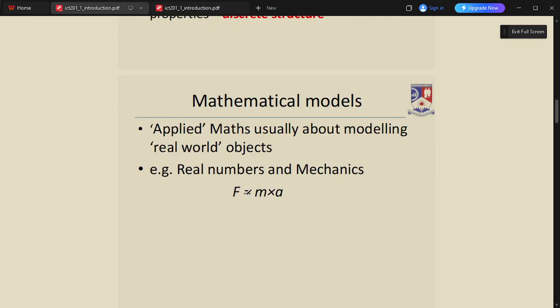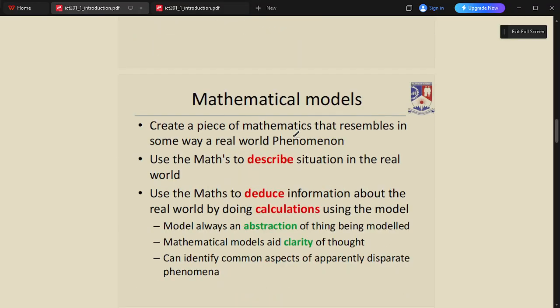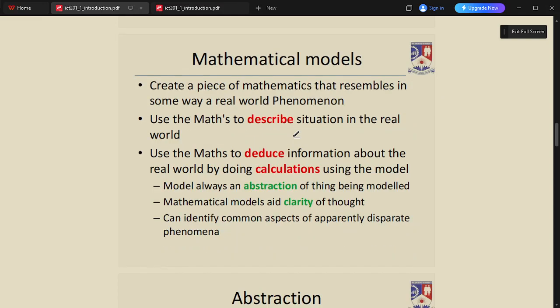We move on to what we're calling mathematical models. What are mathematical models? A mathematical model is simply a way to represent a real world situation using mathematical concepts.